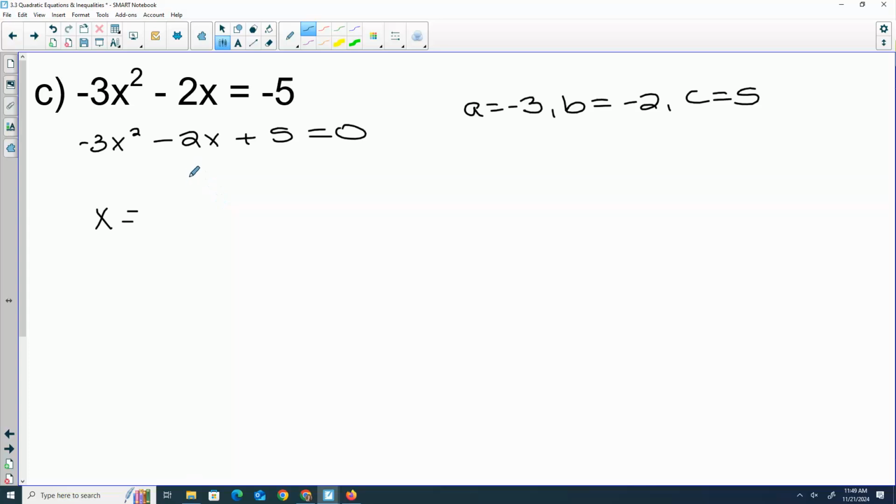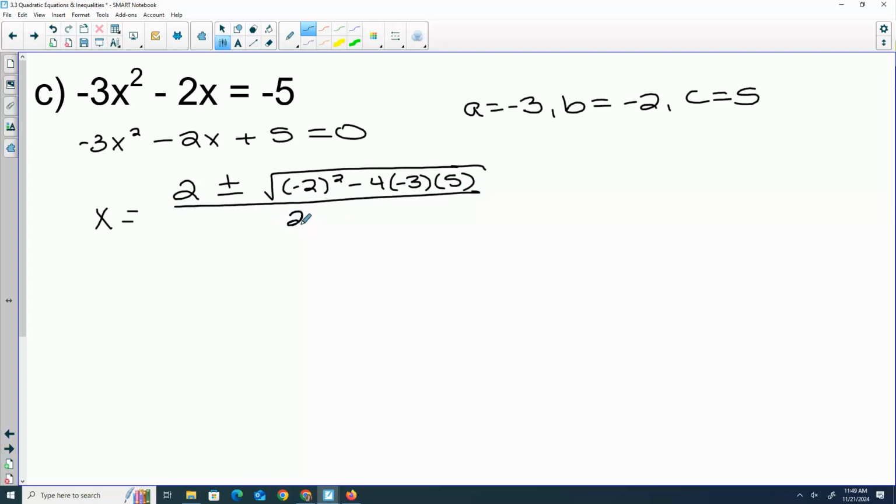So x equals the opposite of B. So the opposite of -2 is +2, plus or minus the square root of B squared minus 4 times A times C, all over 2A.